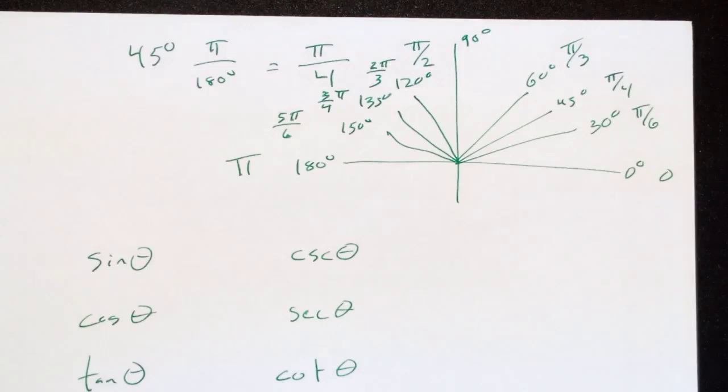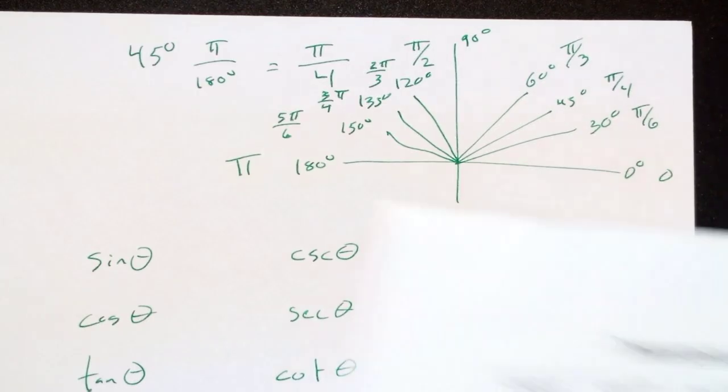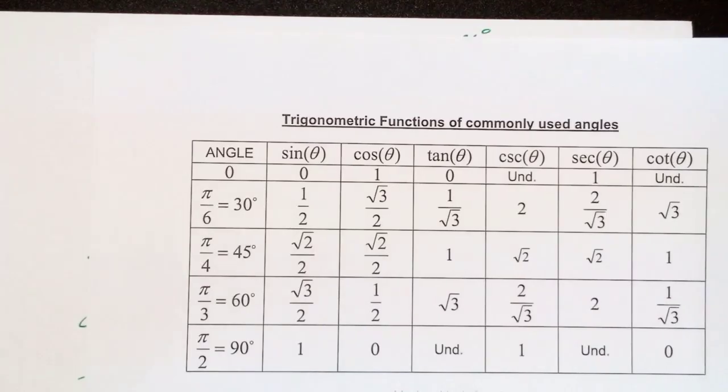If I'm counting down, 0, 1, 2, 3, 4, I'm doing the cosine. Take whatever finger you land on, take that number, take its square root and divide by 2. You want to go up or down? Sine or cosine? Pick one. Sine, I'm going to go up.